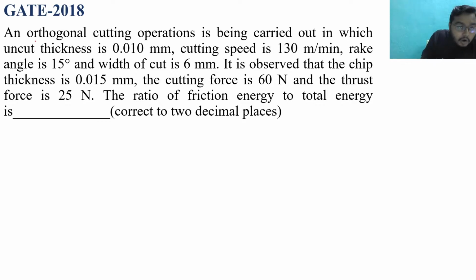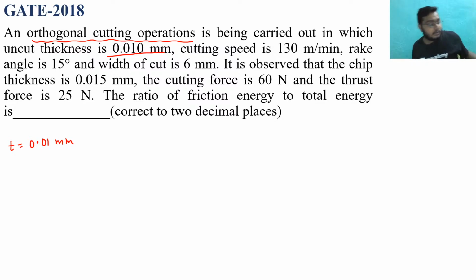See, an orthogonal cutting operation is being carried out in which uncut thickness T is 0.01. Cutting speed is 130 meter per minute. Okay, I am getting the answer as 0.44. Great. Should I give you more time to solve the problem, or should I solve it?